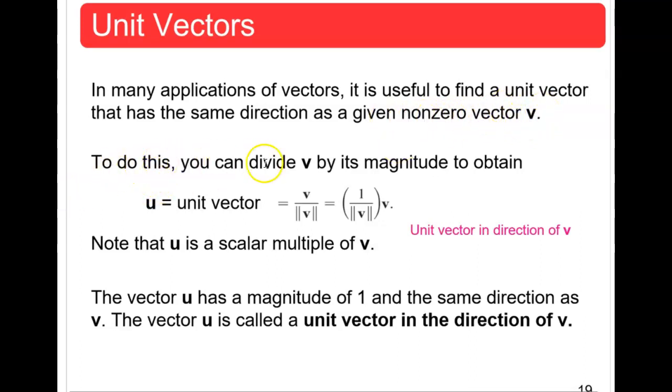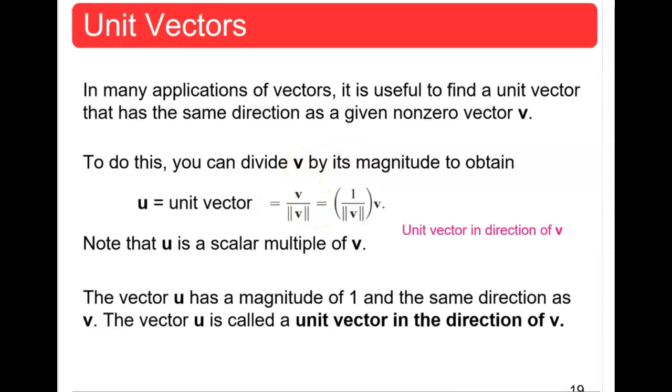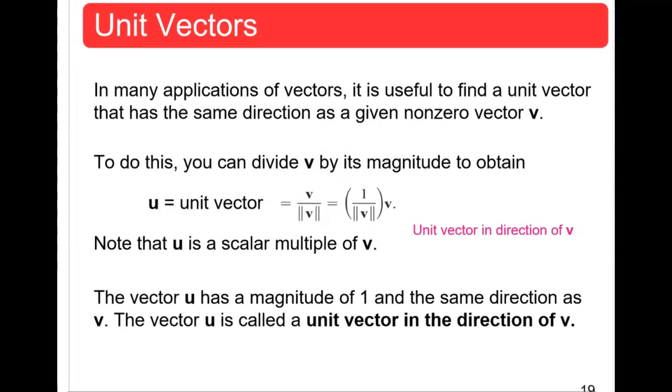So to do this, you can divide the original vector, as you could see here. So the original vector will be, we'll call it v, and it is here, and we are going to divide by its magnitude.